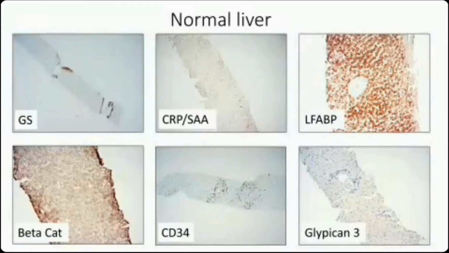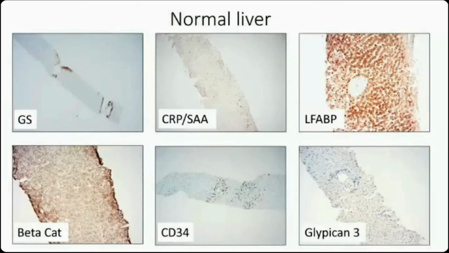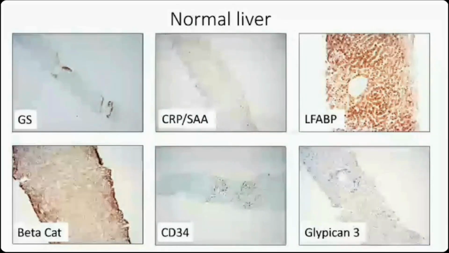Looking at some of these stains in normal liver, because obviously if you're going to use them, you need to know what it's going to look like. Glutamine synthetase here on the left has a classically perivenular pattern of staining in a normal liver. C-reactive protein and serum amyloid A both stain very similarly, and they are either negative or have a faint blush of staining.